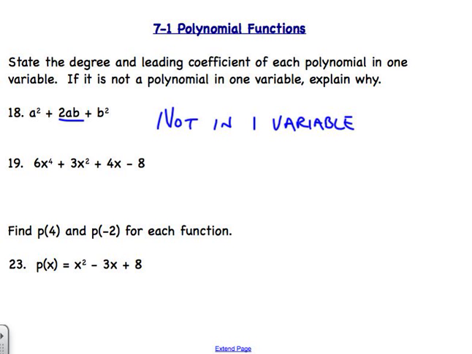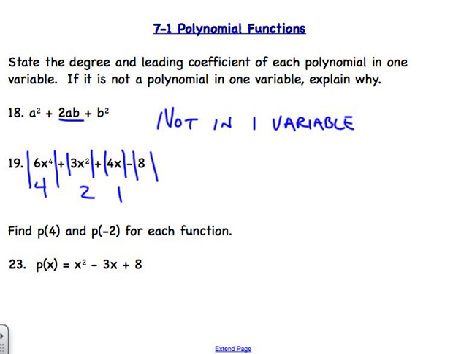For the degree, we're trying to figure out how large the polynomial is. So if we look at each term separately, 6x to the fourth, the largest power for the variable there is a 4. Then the second term, 3x squared, largest power of the variable is 2. 4x is 1.